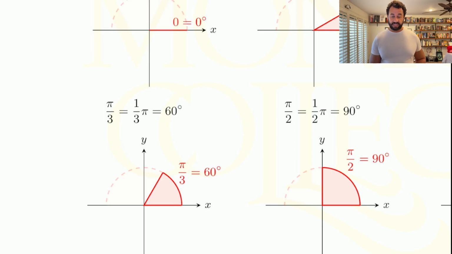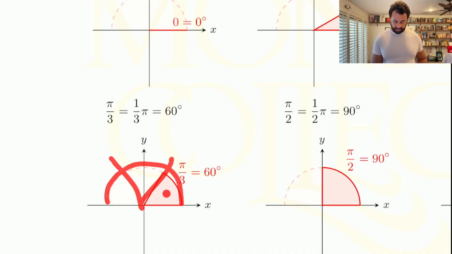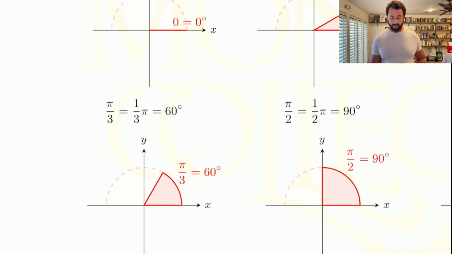Pi over 3 is 60 degrees. How do we find where this is? Well, we take the full pi and cut it into 3 equal-sized pieces, and we take one of those pieces. That's it. So pi over 3 is 1/3 pi, and 1/3 pi is 60 degrees. Remember, pi is 180 degrees. So if I take a third of that, that's 60 degrees.